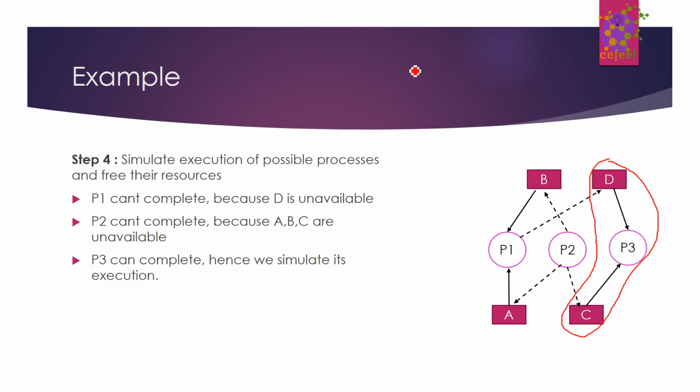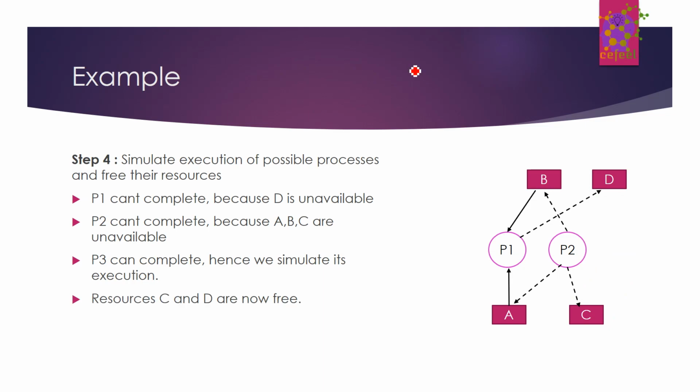Once the process has completed executing, its resources, which means D and C, will now be free. So these resources are now available, and these can be now allocated to the other remaining process.